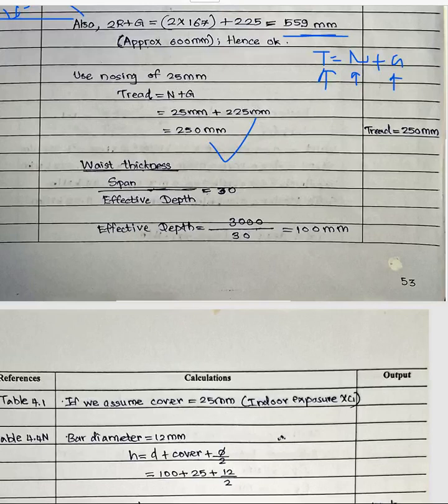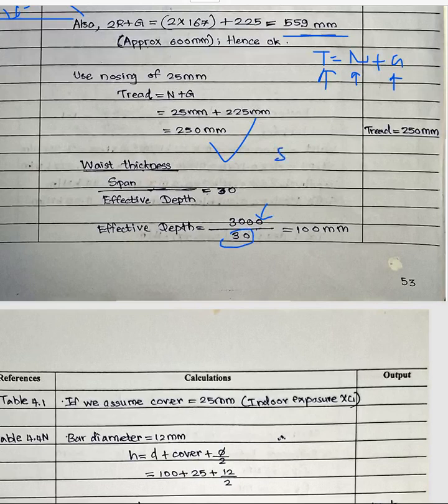If you know the span over depth ratio for the staircase, these are the values in the Eurocode 991. In the loading part, you can see the span over effective depth ratio. That ratio is 30. We know the span length is 3.0 meters, so 3,000 millimeter.